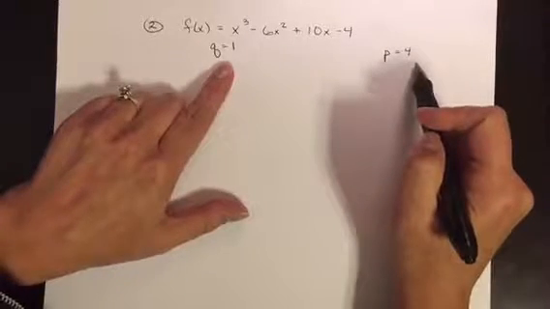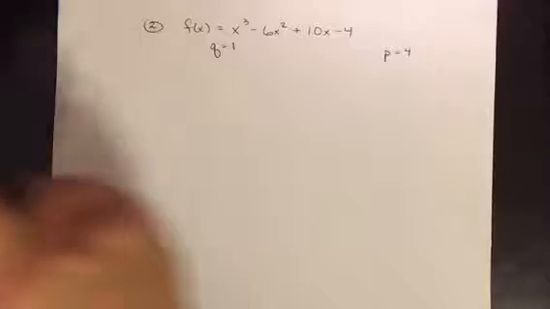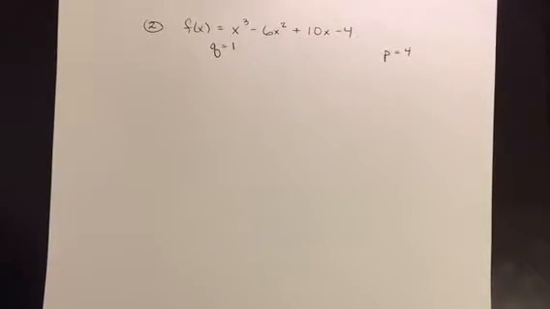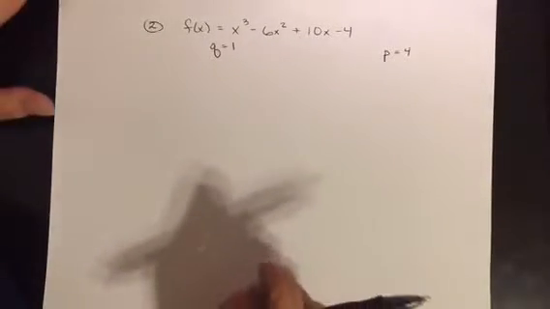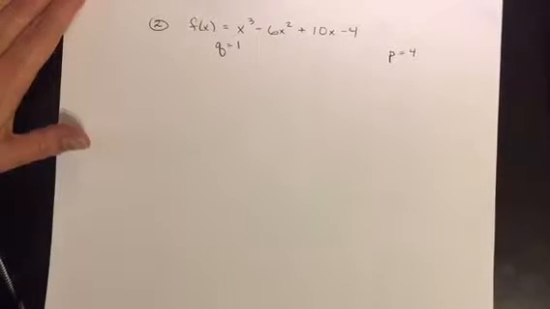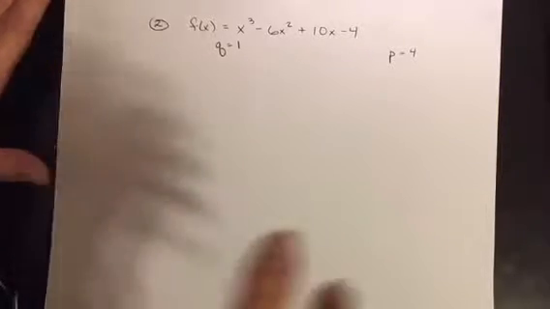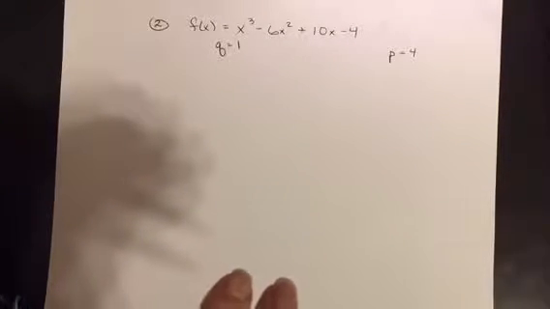Notice I don't worry about the sign at this point because all of our possible rational zeros are going to be positive and negative. So we're going to end up with a whole bunch of positives and negatives anyway. So we're just going to pull our numbers out.